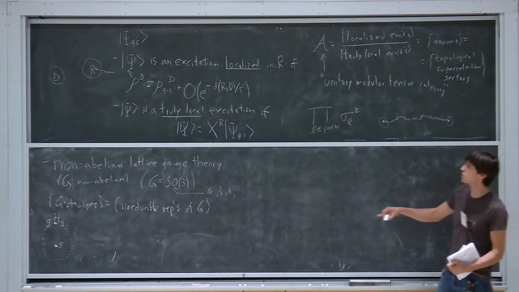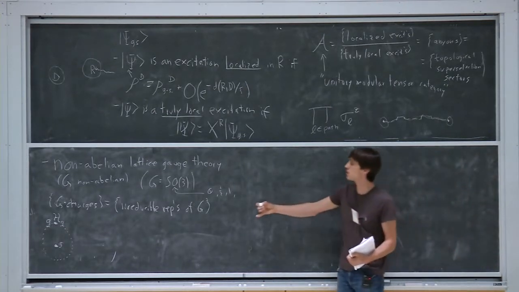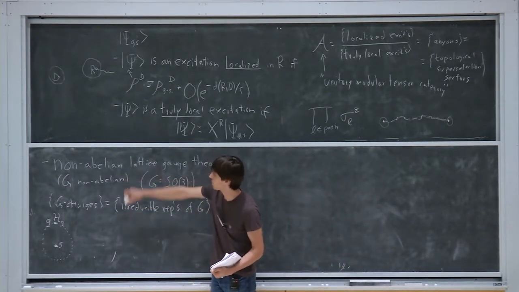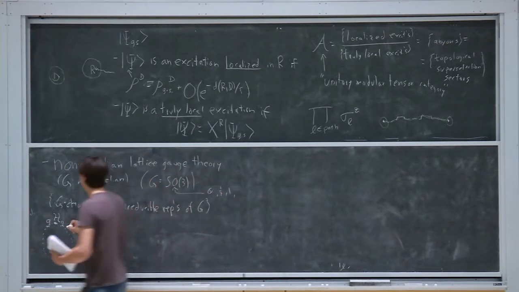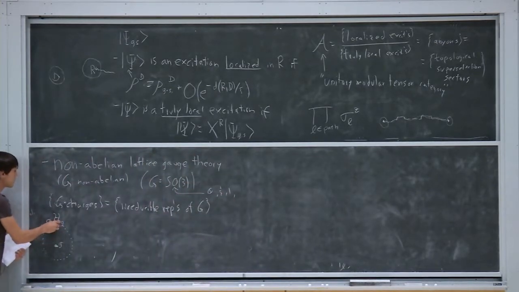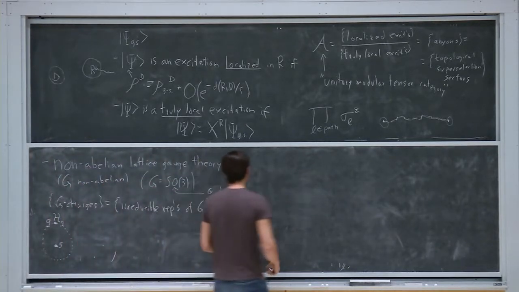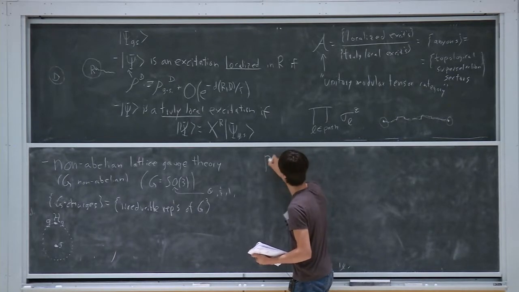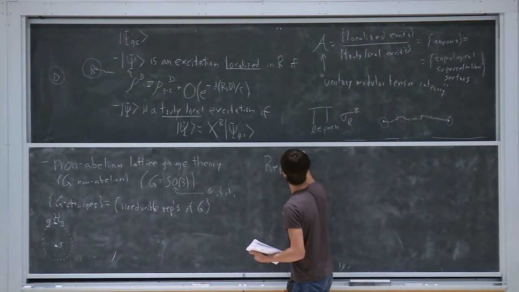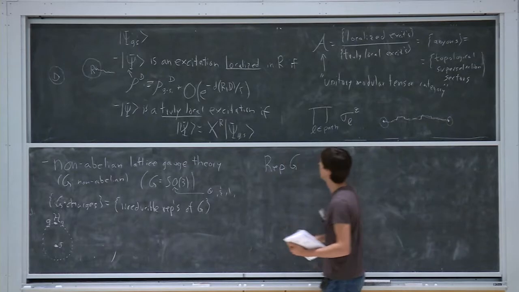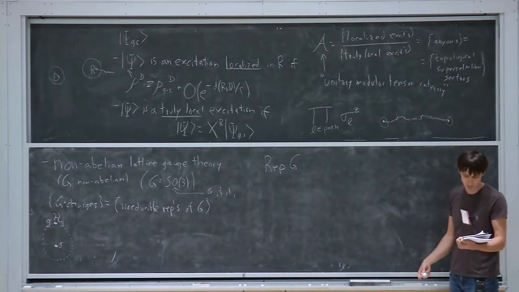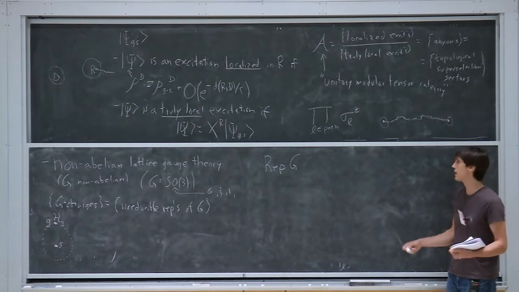So what's the structure that appears when you consider this example? I get these finite dimensional Hilbert spaces that are attached to excitations, and they all form representations of G. It turns out that the set of all representations of G is a non-trivial example of a category.